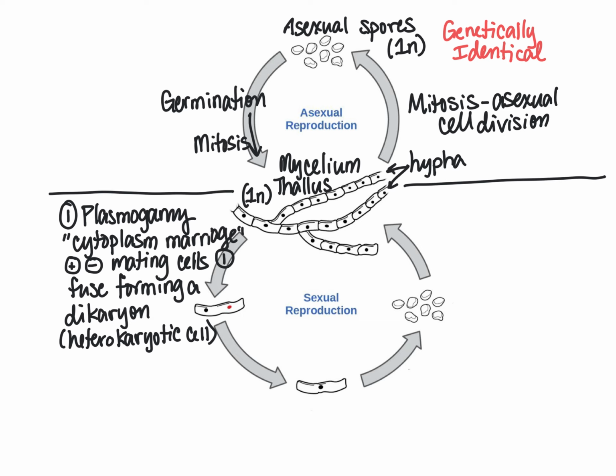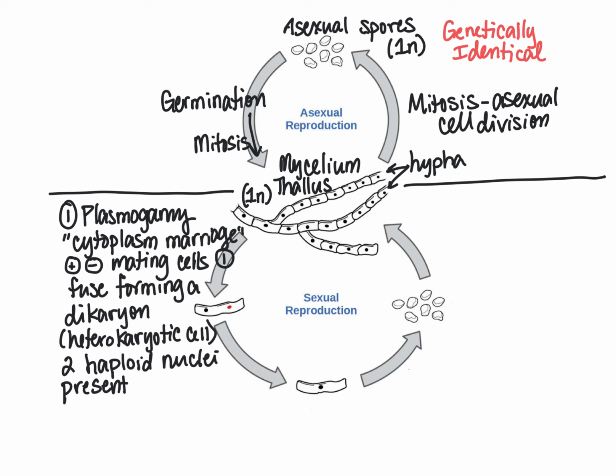And remember that in this dikaryon, there are two haploid nuclei present, because the cell membrane and the cytoplasm have fused together, but the nuclei have not.